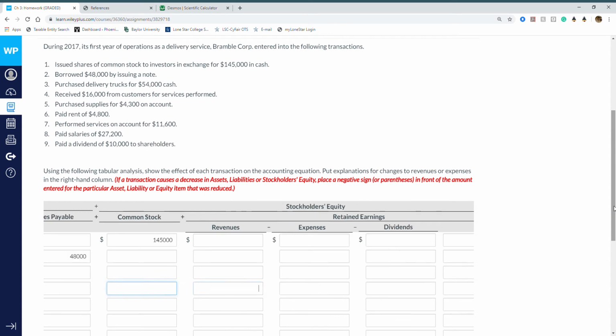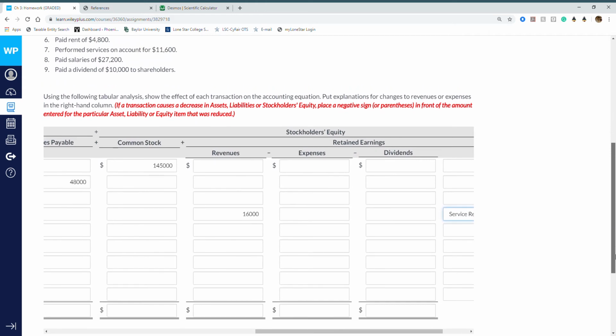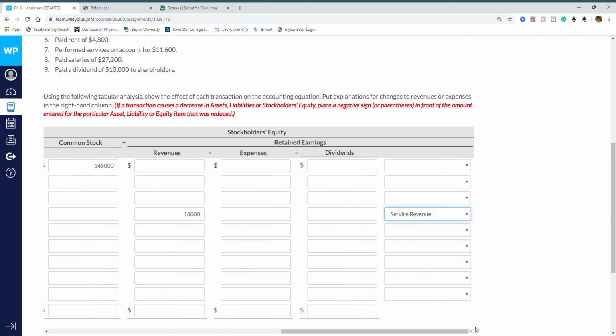So right away, earning would be a revenue. And since it is a revenue, we must put in what type. It was service revenue. Again, we would have the scroll, and you can actually select which one, only if it's a revenue or expense. Okay? Alright.